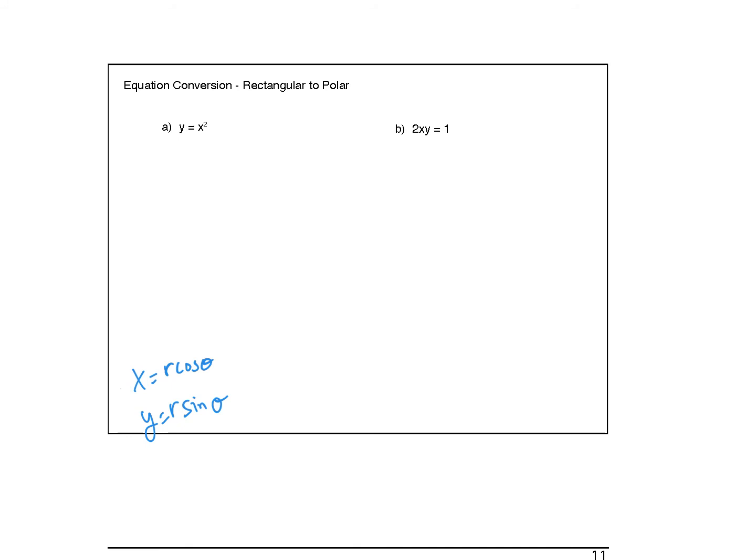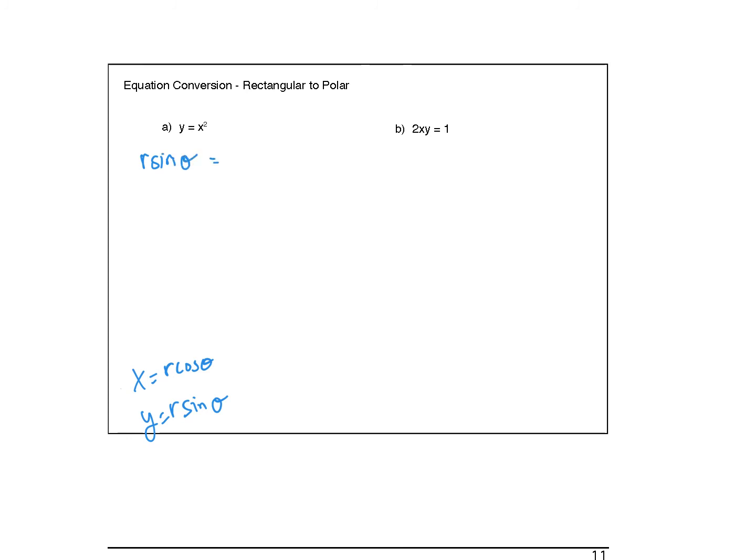Some of these can be more challenging than others, for sure. When you're going from rectangular to polar, I find them easier because it starts with substitution. And from there, we manipulate things and we try to use identities where necessary, and otherwise it just is what it is. So in this case, y is r sine theta, so I'm just going to replace my y with r sine theta.